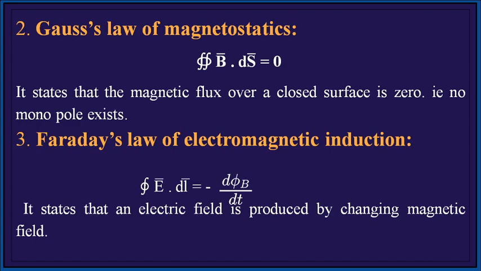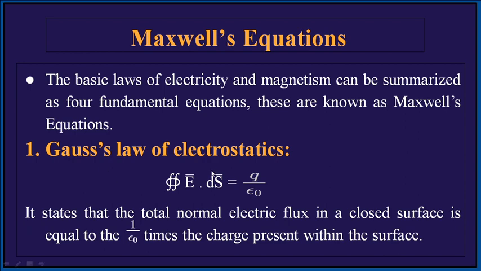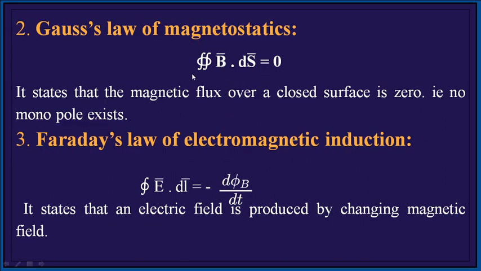In these four equations, the first fundamental Maxwell equation, which is in integral form, can be converted into the differential form by using the Gauss divergence theorem. And the second fundamental Maxwell equation, from the Gauss law of magnetostatics, can also be converted into the differential form by using the Gauss divergence theorem.